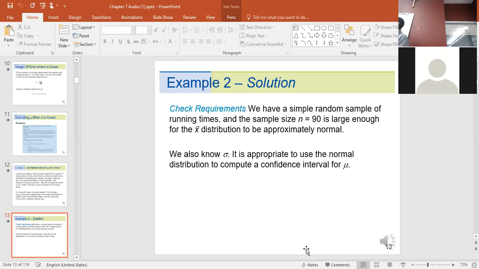Can we use the calculator? Try using your calculator. That's what I'm waiting for you to do. Then after you use the calculator, I will do it manually.